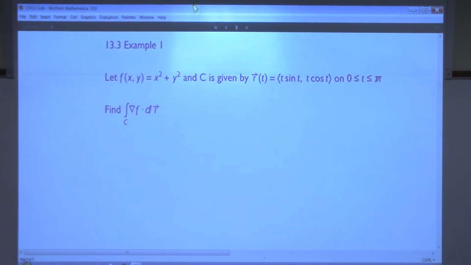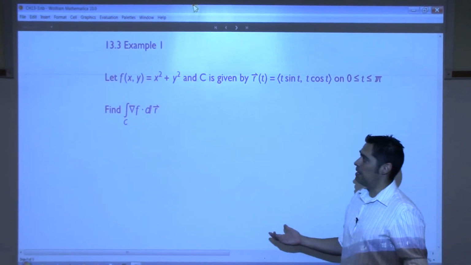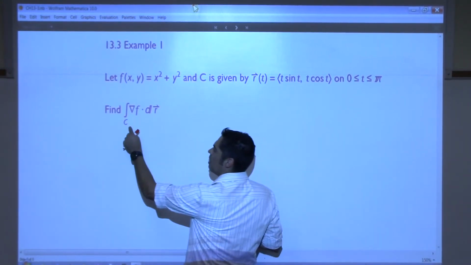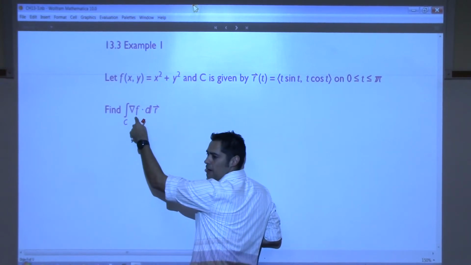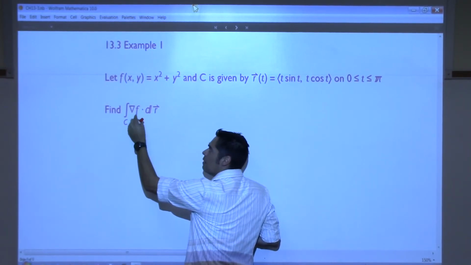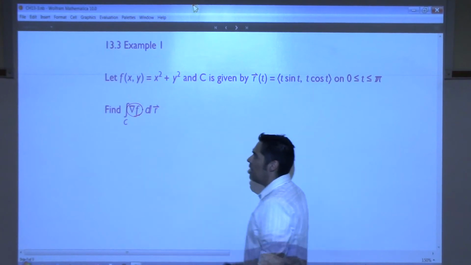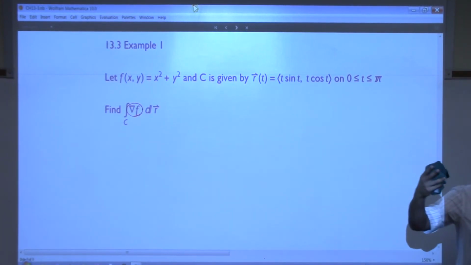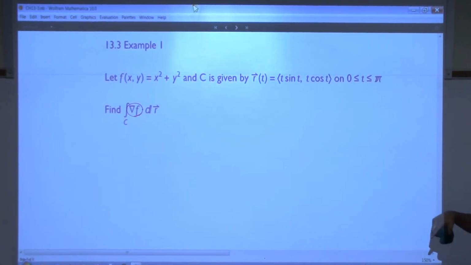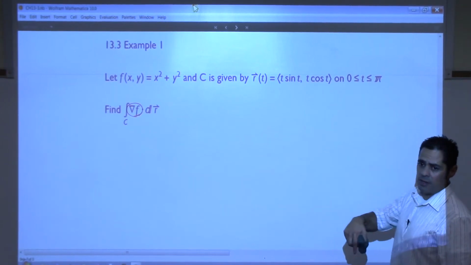Is this going to follow the fundamental theorem of line integrals? Yes or no? Yes, because they're asking us to find the line integral of the gradient of f. And we know that if this is the gradient of little f, then it's conservative because it came from a little f. So I know that the fundamental theorem of line integrals holds here.